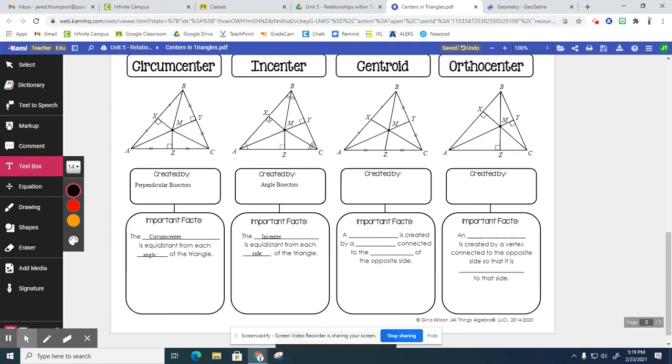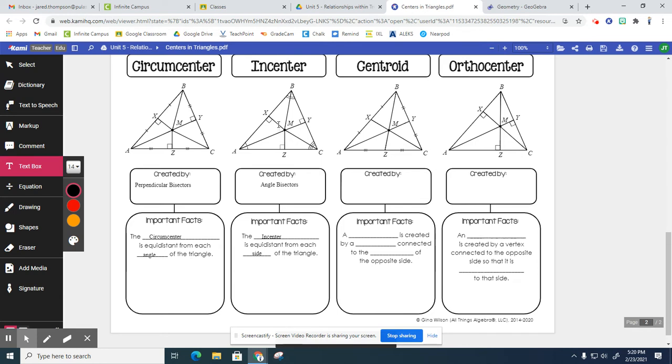So this distance xm, ym, and zm, those are all the same. They'll be the same length. And then what's cool about an incenter is that it lets you draw a circle inside the triangle. That's what incenter means.